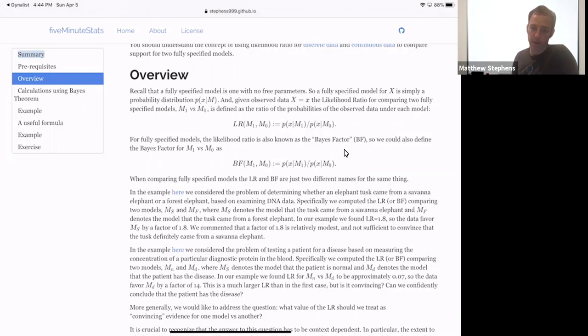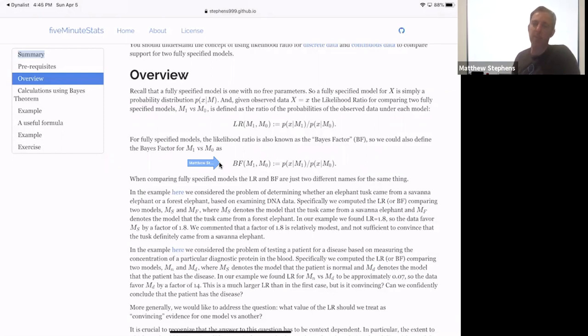Just to mention a piece of terminology here, you can see at the top here the Bayes factor. Bayes factor is just another name for likelihood ratio when you're comparing two fully specified models.